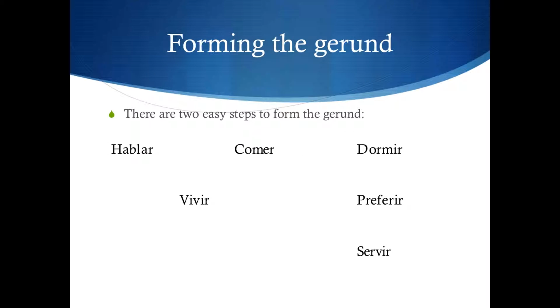In forming the gerund, there are two easy steps. We take the verbs hablar, comer, dormir, vivir, preferir, and servir. Let's take the ending off of hablar, and since it's an AR verb, we're going to put ando.